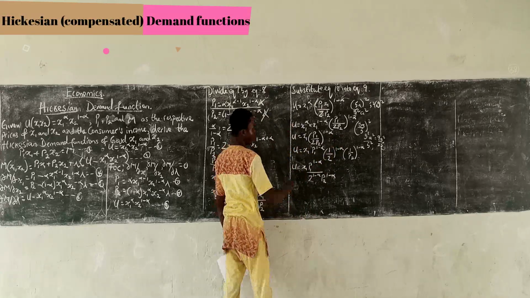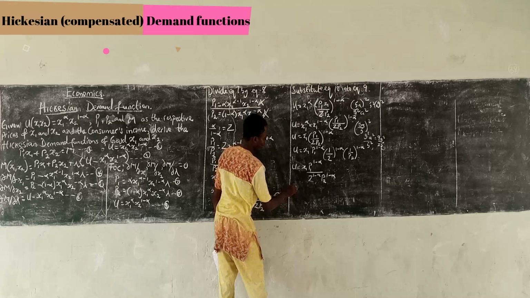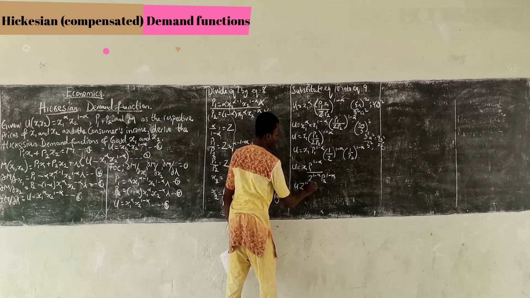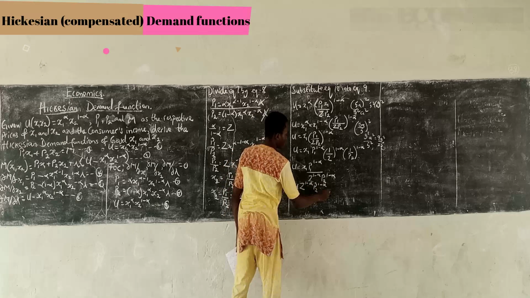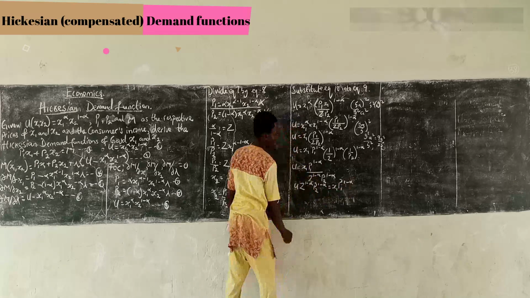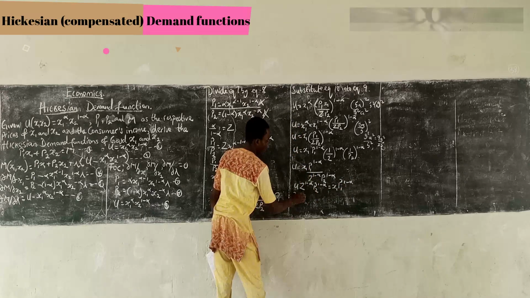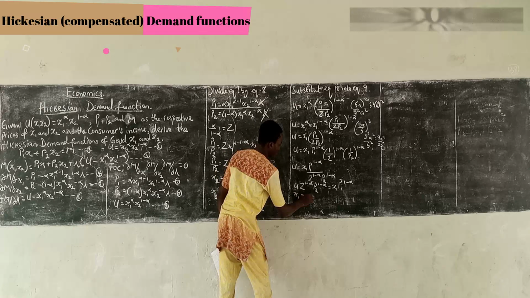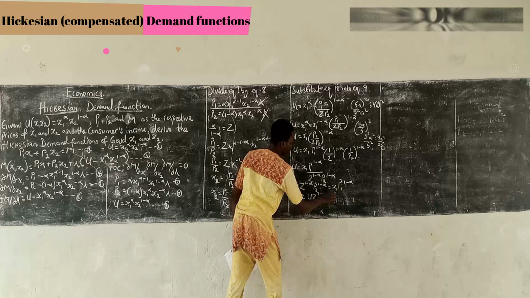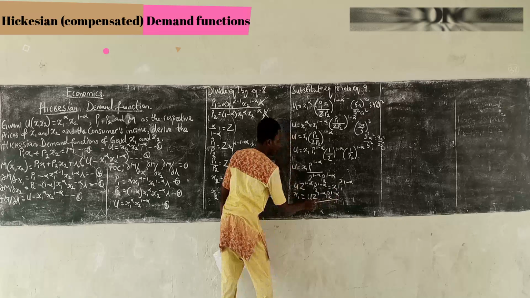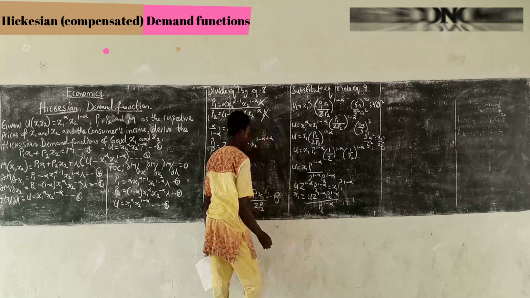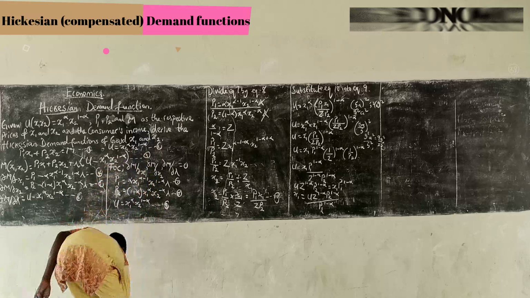So from here, we cross multiply. So you have u z to the power 1 minus alpha, p2 to the power 1 minus alpha equals x1 p1 to the power 1 minus alpha. So x1 would be equal to u z to the power 1 minus alpha, p2 to the power 1 minus alpha divided by p1 to the power 1 minus alpha.